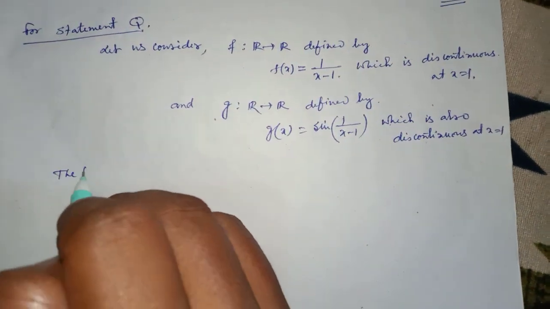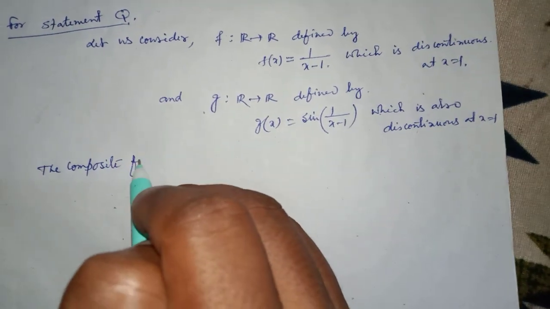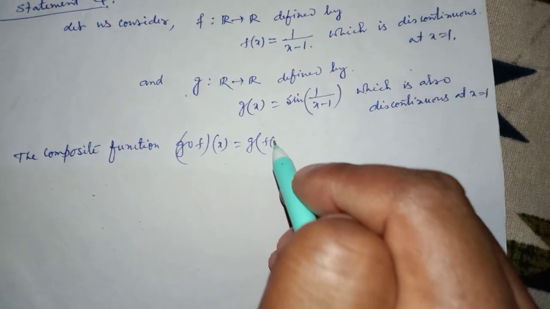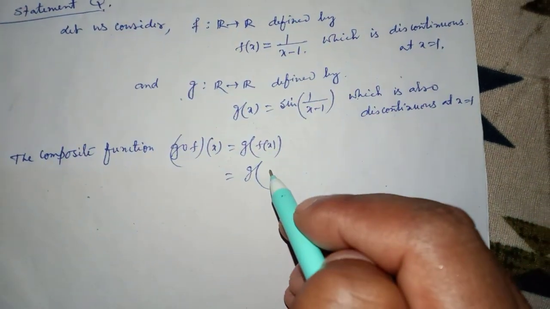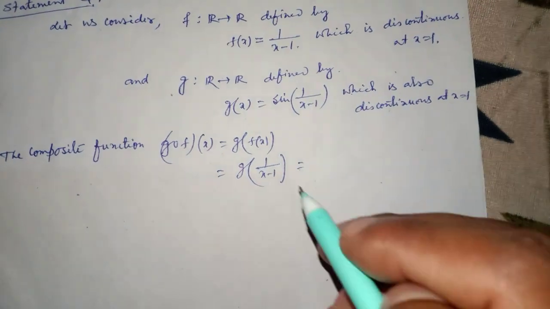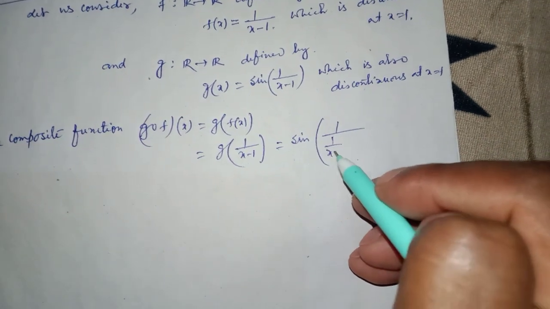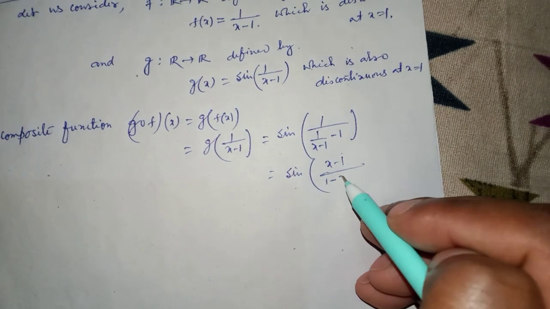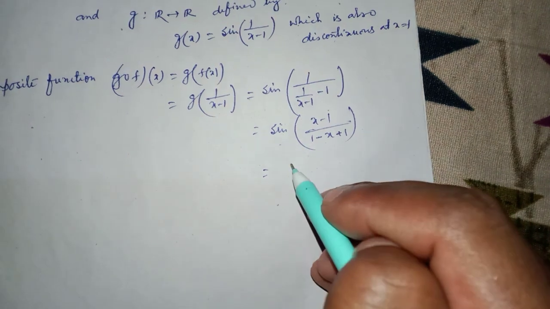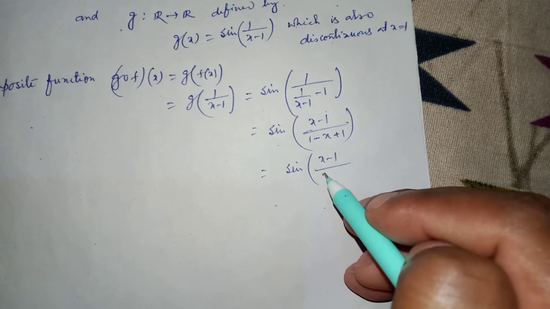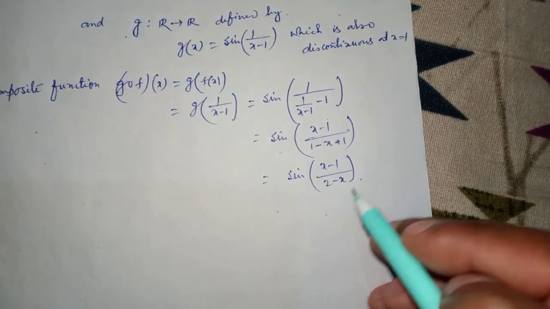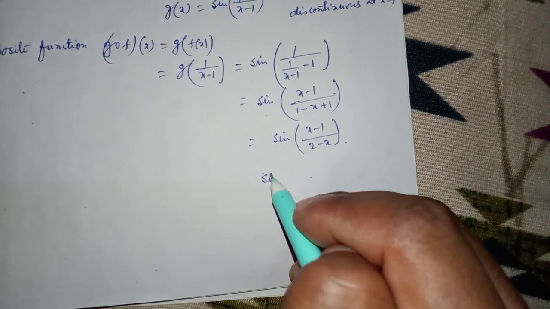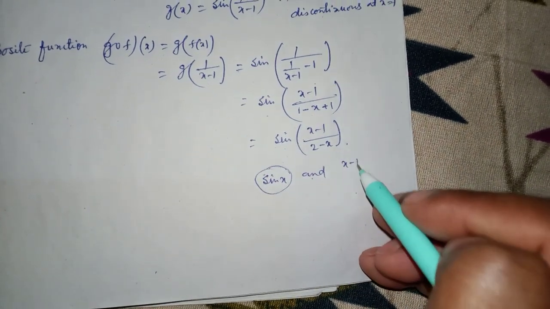but the composite function g of f of x is equal to sin of 1 by x minus 1, which is sin of x minus 1 by 2 minus x, which is continuous because it is a composition of two functions: sin x and x minus 1 by 2 minus x.